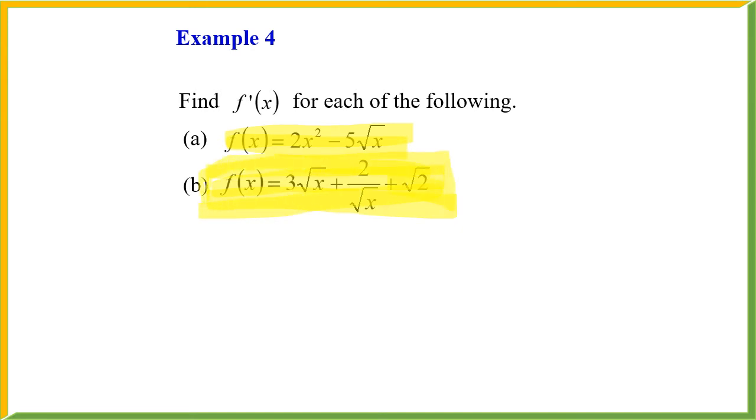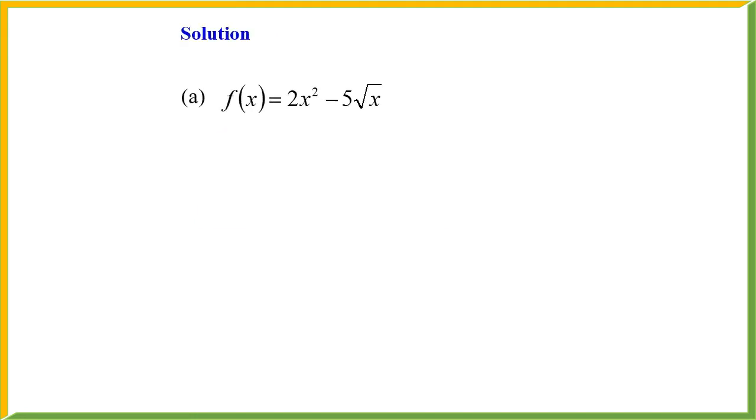So for the first question it is subtraction between two functions, and for B, it's addition between three functions. So we just have to find the derivative of each expression, and you do the subtraction or addition. So for question A, we differentiate each of the terms.